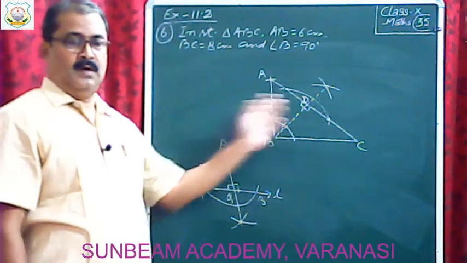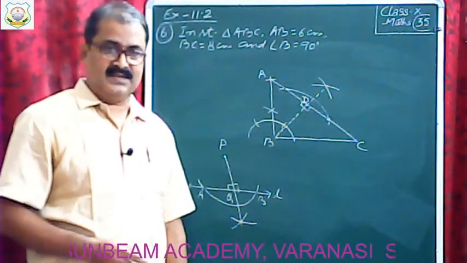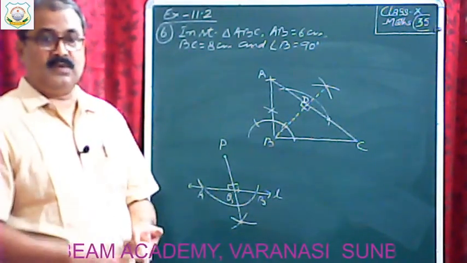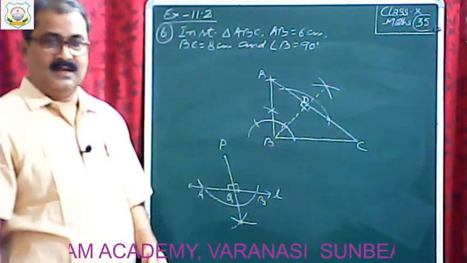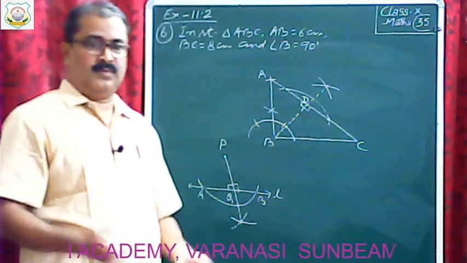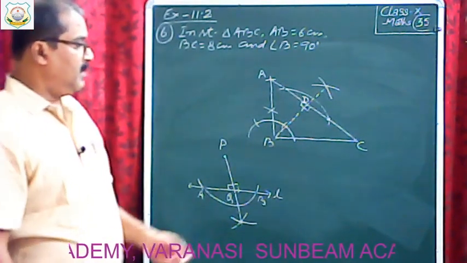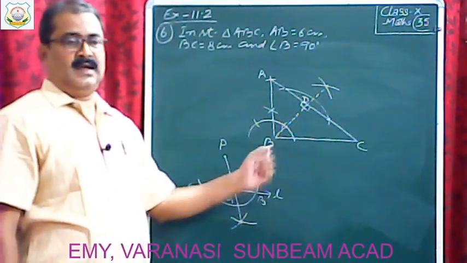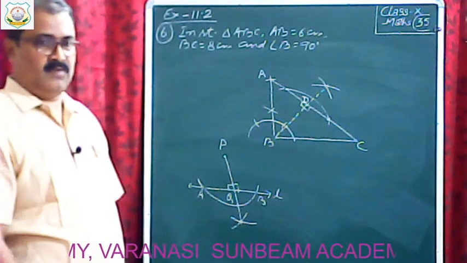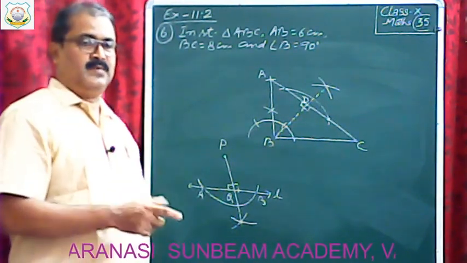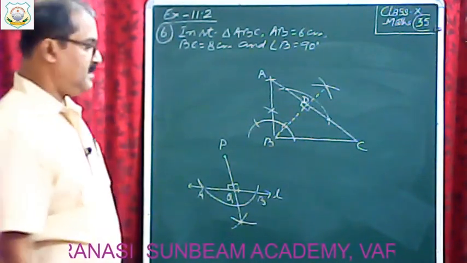If you draw perpendicular bisectors of all three sides, then definitely all three pass through the midpoint of the hypotenuse. Isn't it? So there is no need, because you know the property of circumcenter. So better you draw the perpendicular bisector of BC only and mark the midpoint. That is the required circumcenter, because in a right triangle, circumcenter lies at the midpoint of the hypotenuse.